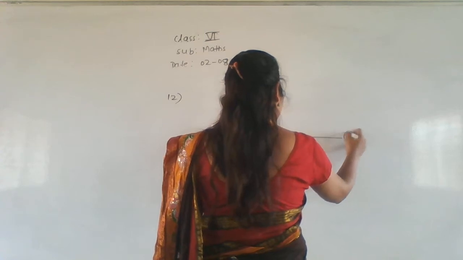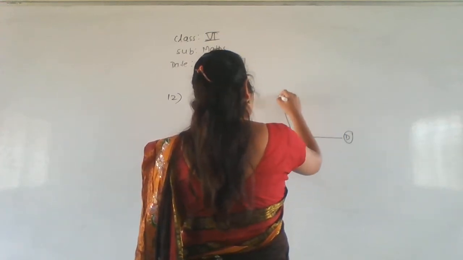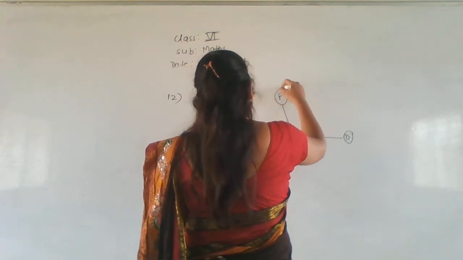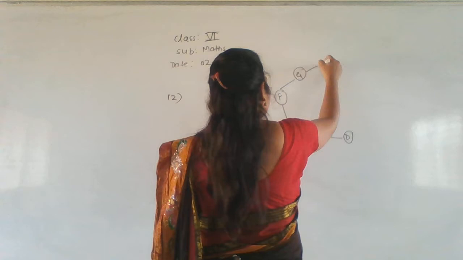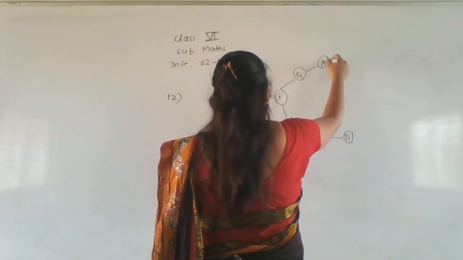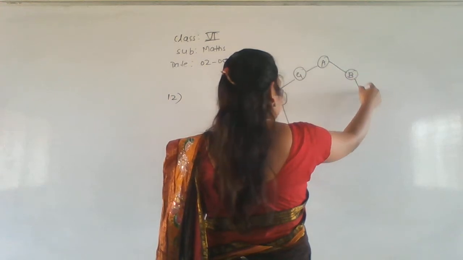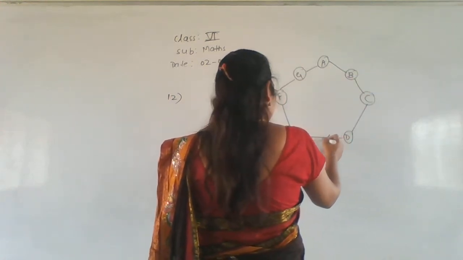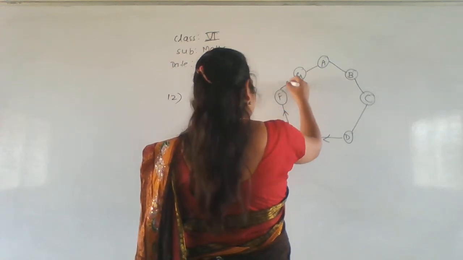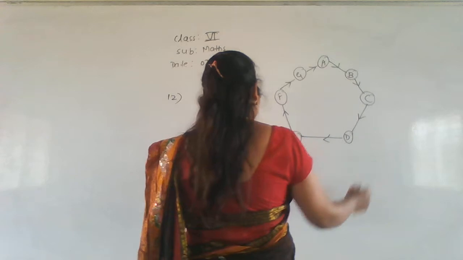This will be D here and here E. Next, this is F, G, A, B here, C and here D. Okay, the direction is like this, right?